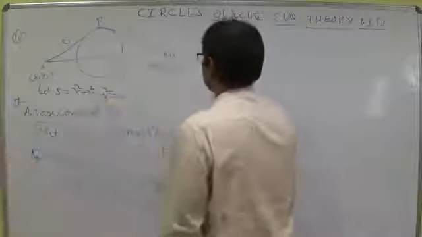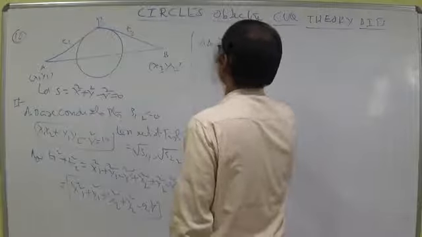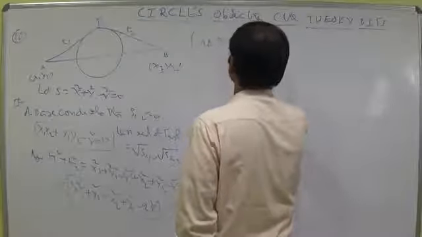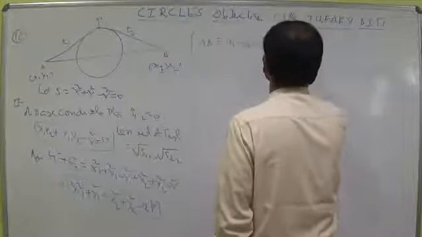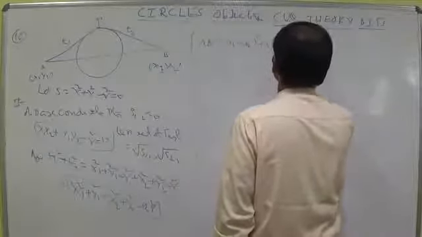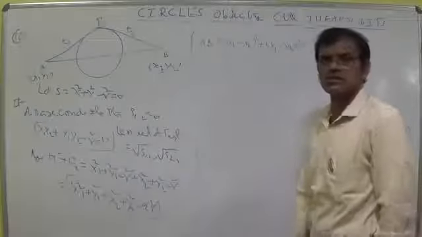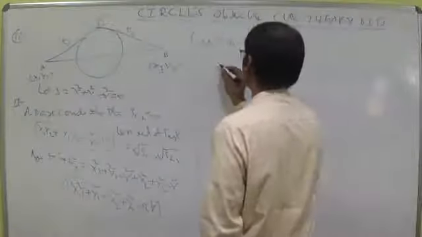Now what is the use? Depending on the option, we can now write AB square. AB square is nothing but the distance between 2 points. You can write x1 minus x2 whole square plus y1 minus y2 whole square.